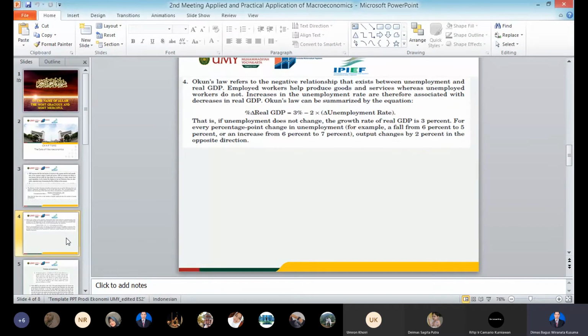The next one, Arik. Okun's law refers to the negative relationship that exists between unemployment and real GDP. Employed workers help produce goods and services, whereas unemployed workers do not. Increases in the unemployment rate are therefore associated with decreases in real GDP.